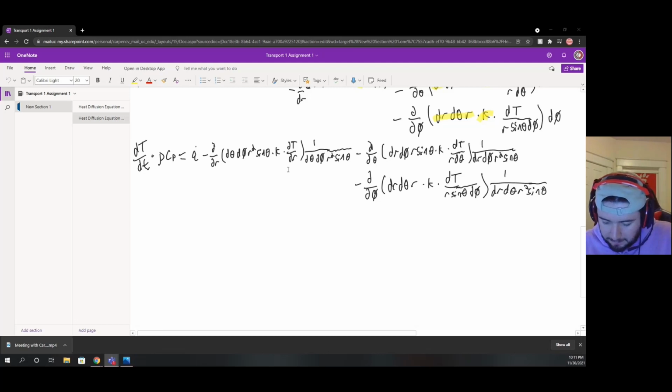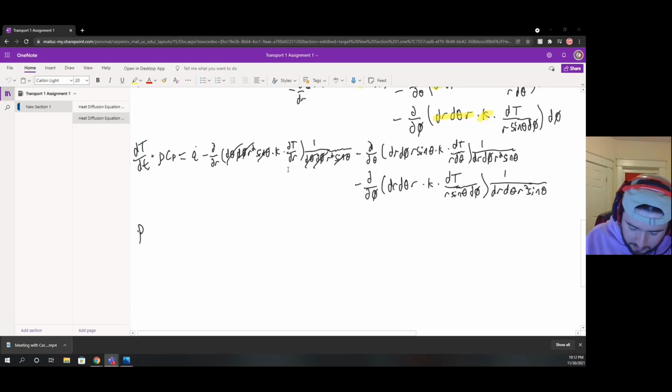Looking at this first term, it's in terms of r, so we can pull everything out that doesn't have to do with r. So we can pull out a sine theta, and that will cancel. We can pull out d phi and d theta, leaving us with, here, let's just rewrite so we can add on to this.